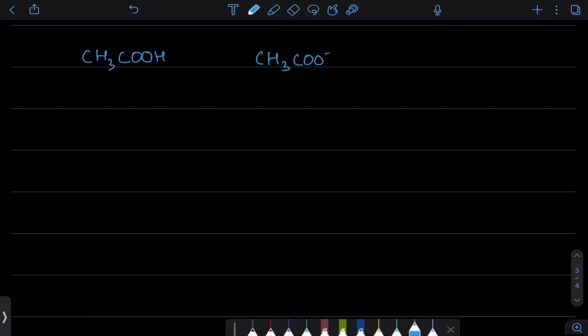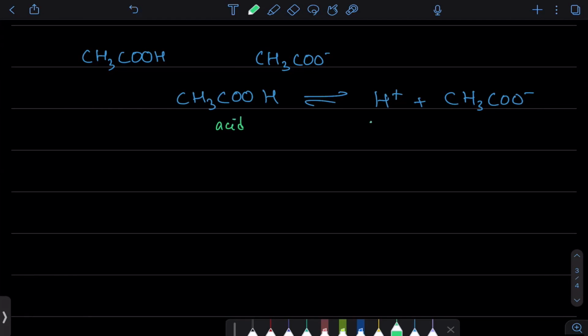So if you look at the equation of this thing, then CH3COOH is going to give me H positive and CH3COO minus. If I use the terms conjugates, then this is my acid and this is my conjugate acid and this is my conjugate base. What's my original base? It's water technically, but मैं बस इसको ऐसे रख देता हूँ.